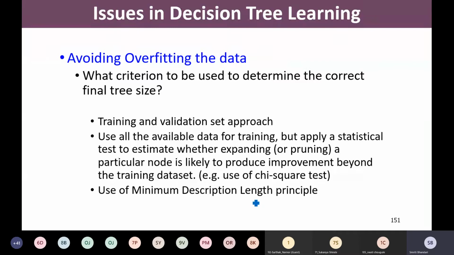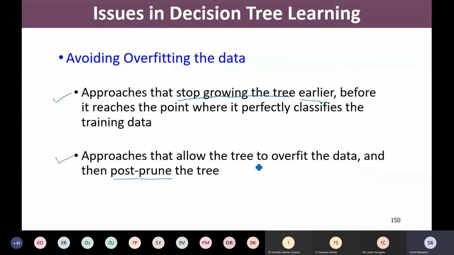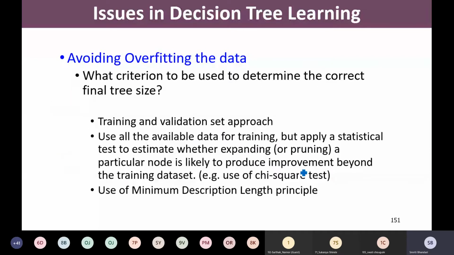But you may have one question in mind. How to determine the correct tree size? What would be the correct tree size for our decision tree? Either we may stop growing the tree early, or we may allow overfitting the data and use post pruning of the tree. But what should be the tree size?